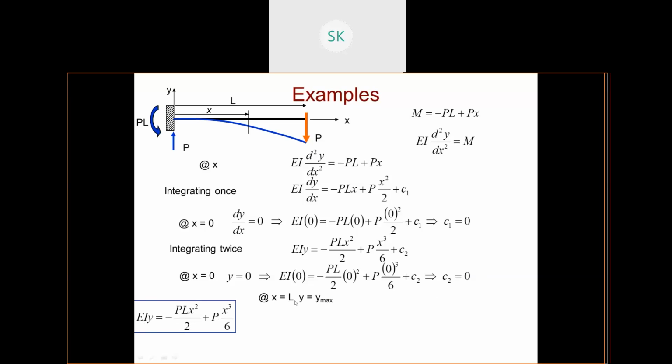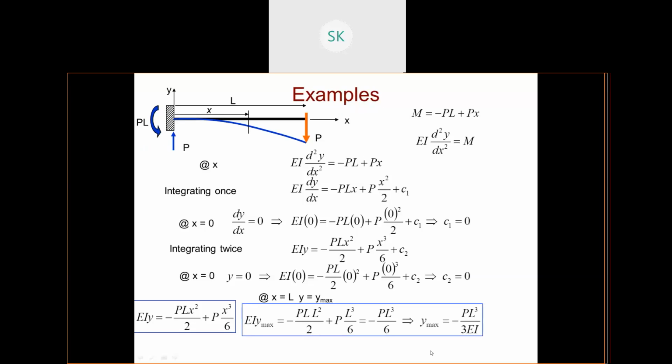And x equals 0 was here, and this is at x equals L. So at x equals L, your y will be y max. Now this is the equation.